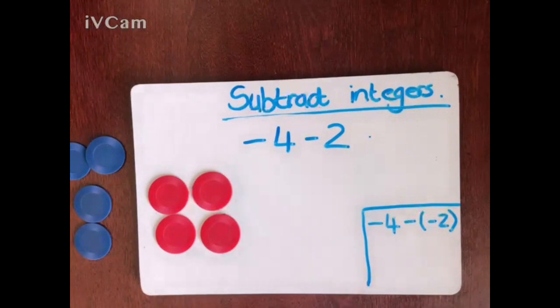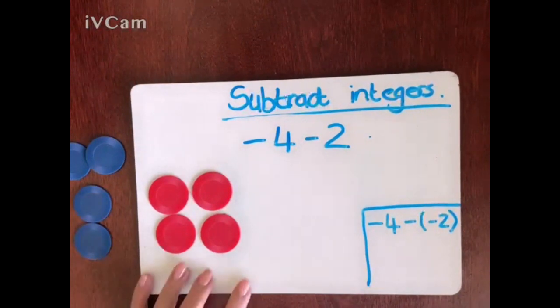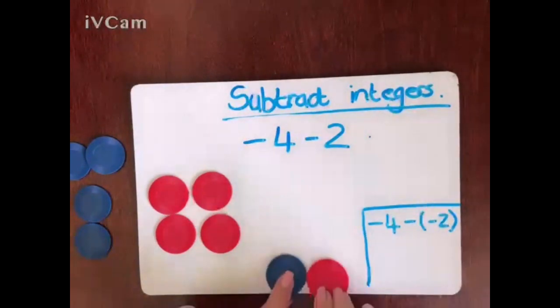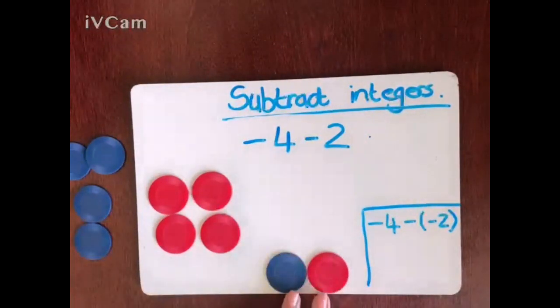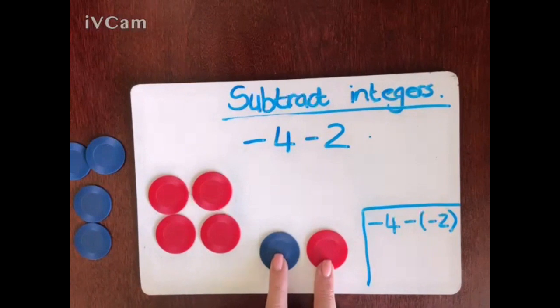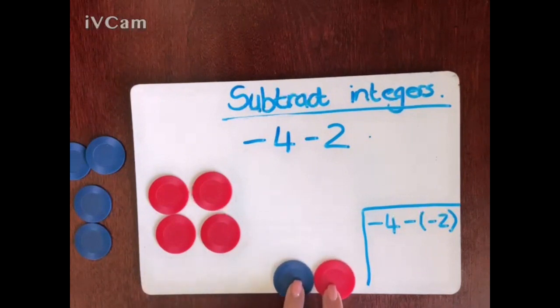So what are we going to do now? We do not have 2 blue Smarties to take away. So what are we going to do? We said that you can at any time take away a 0 pair, because this is 0. A positive blue, or a +1 and a -1, if you add them, they make a 0, so you can take it away.